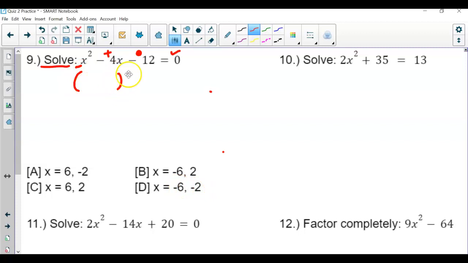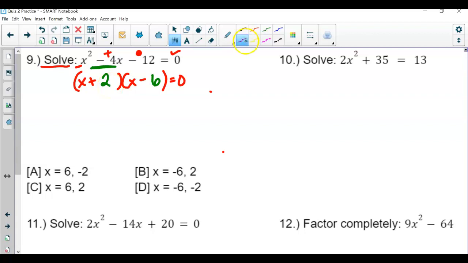So we need to figure out, using 6 and 2, what's going to multiply to get you a negative. So I know I need a plus and a minus, but add to get us -4. So in this case, -6 and +2. That's going to add to get you -4.